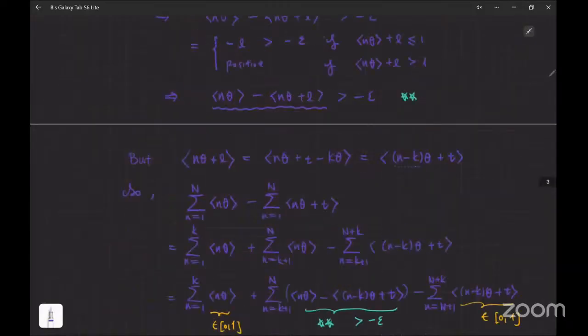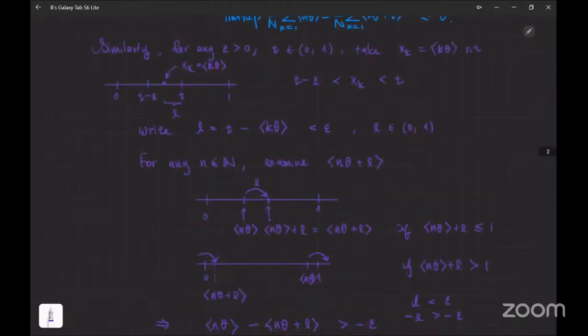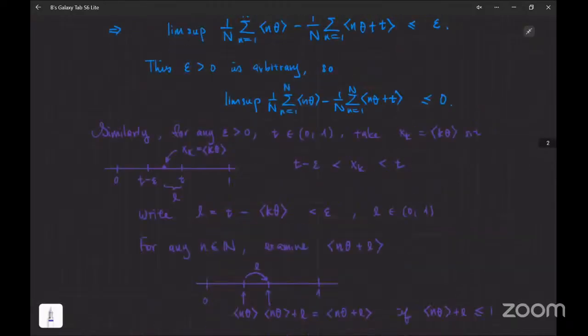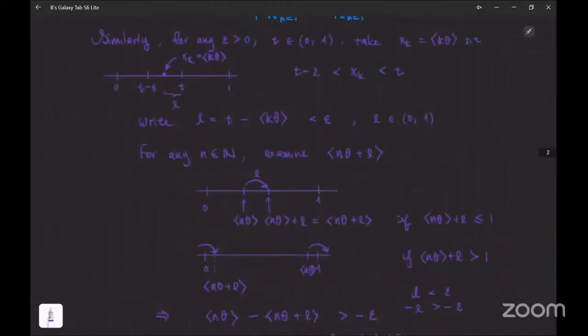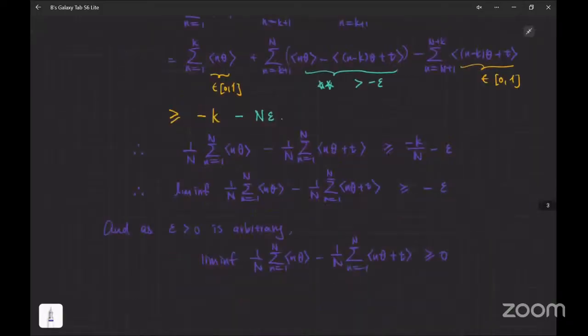And now we have our situation. The lim sup is less than or equal to 0. The lim inf is bigger than or equal to 0. So the lim sup and lim inf are both equal to 0, which means the limit equals 0.